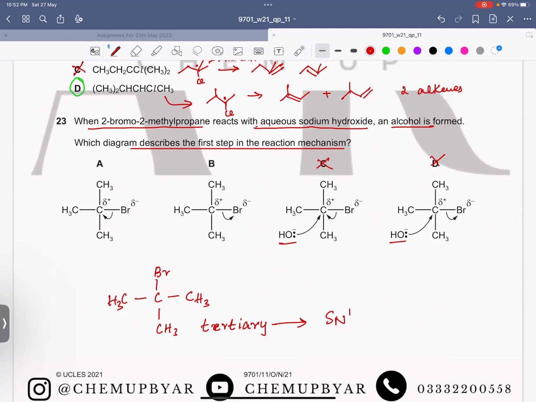So only heterolytic bond breaking takes place, which is shown in A and B. But if you look at A, the direction of the arrow is wrong, because the head of the arrow always points towards the more electronegative element, because whenever the bond is broken, the element which is more electronegative takes the bond pair of electrons with itself. So A goes wrong and B is your correct answer.